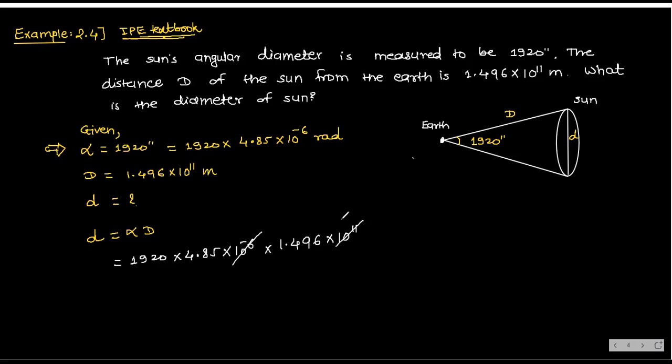So this and this will get cancelled. Now if you multiply this, how much are you getting? Check it. The answer is coming 1.39 into 10 to the power 9 meter. This is small d, that is the diameter of the sun.